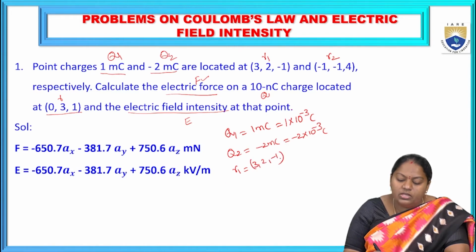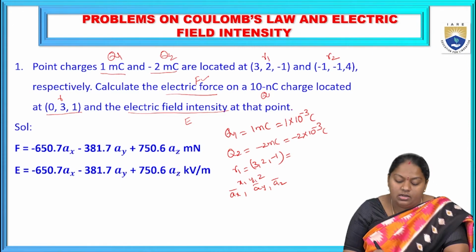Generally we assume the Cartesian coordinate system, in which the variables are represented as x, y, z and the unit vectors as ax, ay, az. So we write the vector form as R1 equals (3, 2, minus 1), or with unit vectors, 3 ax plus 2 ay minus az.